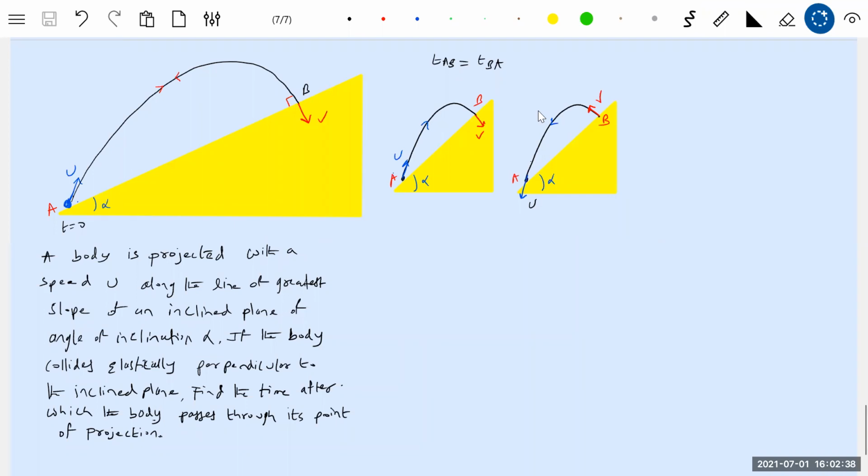With whatever speed it was projected, you calculate at point A, it will have the same speed. If you know a little bit of conservation of mechanical energy, you can accept things very easily. Half mu square equals mgh plus half mv square. In the return path, half mv square plus mgh equals half mu square. If this height is AB, this is A and this is B, apply conservation of mechanical energy.